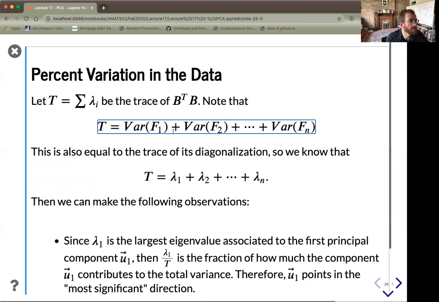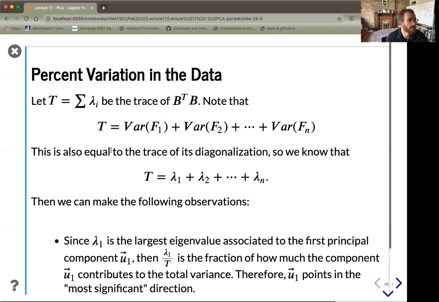Because these all consist of squared numbers, they are non-negative, so this just sums up a bunch of non-negative numbers, which is the sum of the variances for all n random variables corresponding to our n features.